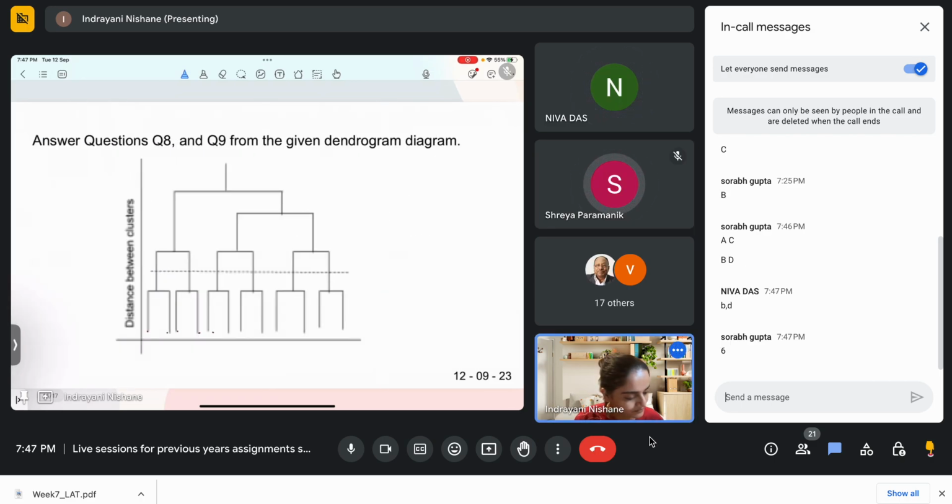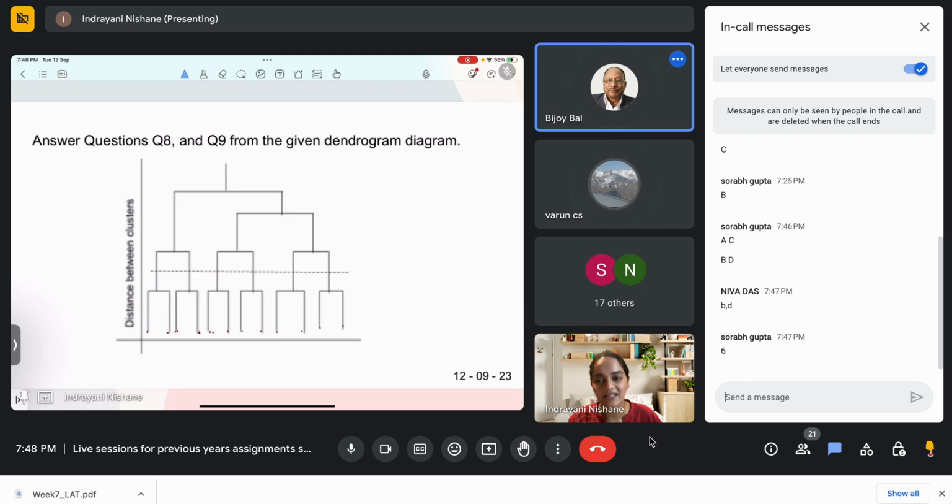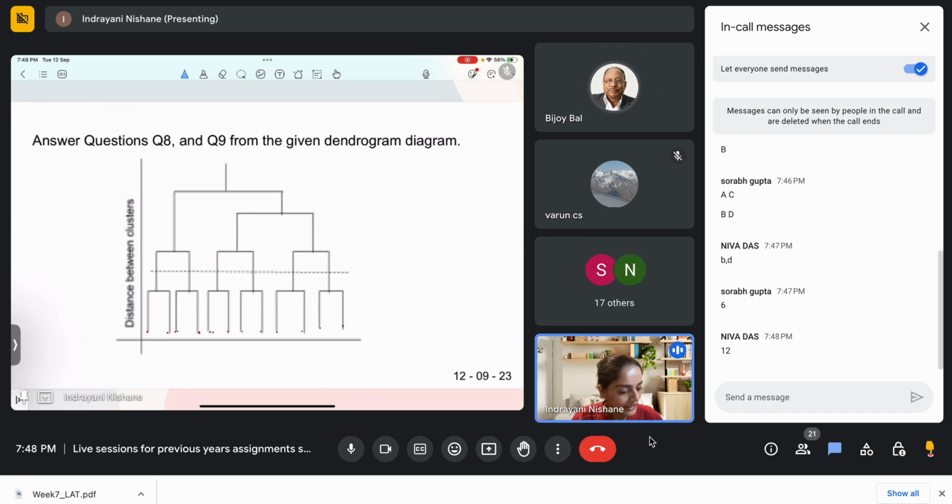So how many? 12, not 6. Bottom points, yes. So doesn't matter what approach we are taking, whether it is top down or bottom up approach, the end points are individual data points.